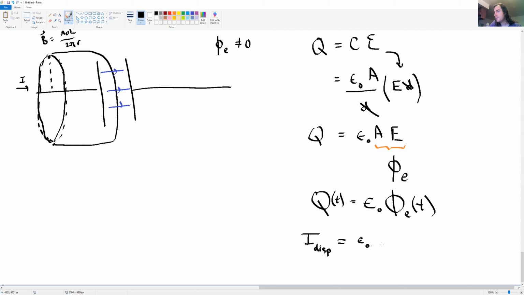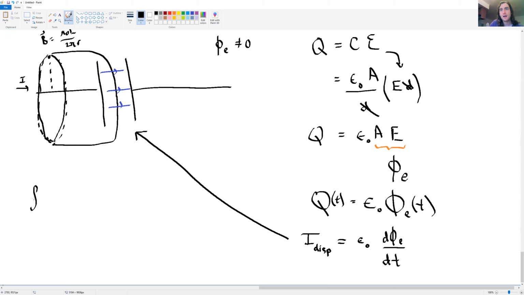So if we take the derivative here, we see epsilon 0 times the derivative of the electric flux gives rise to a so-called displacement current. And it is this displacement current which will give us the correct answer for the magnetic field if we now go and use Ampere's law.